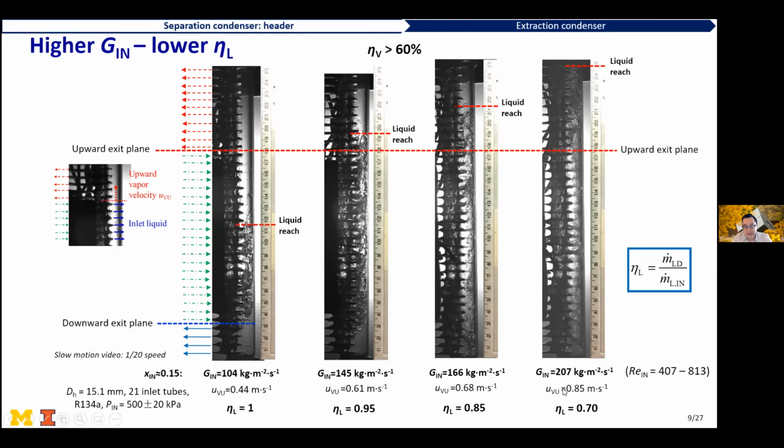The velocity of vapor is derived based on the mass flow measurement from the mass flow meter in our experiment. This captures the images because your setup is bigger than this, right? So this is just a very thin layer near the edges. Is that correct? Oh yes, yes. It's a thin layer of liquid near the edge. Exactly.